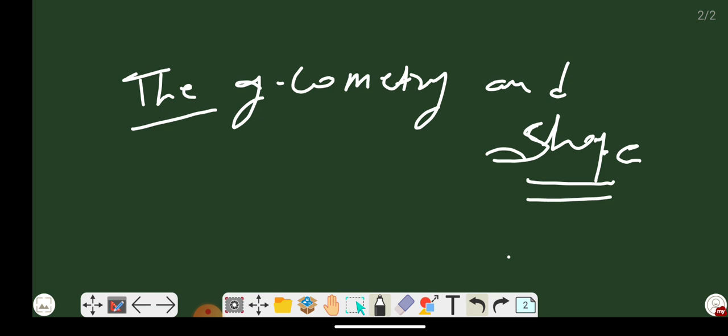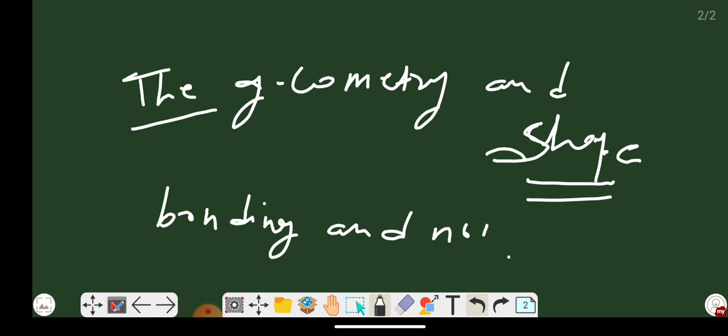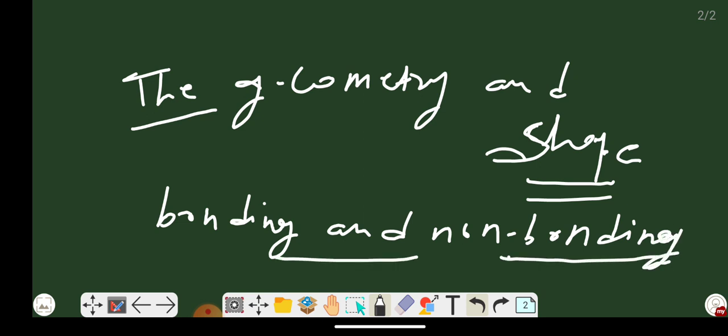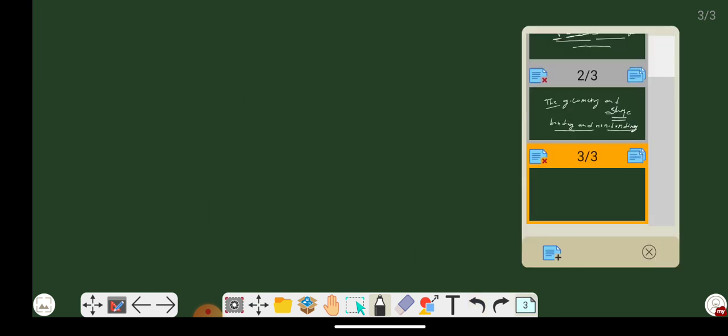depends upon the bonding electron pairs and also on non-bonding electron pairs. So what are bonding electron pairs and non-bonding electron pairs? Let's see.